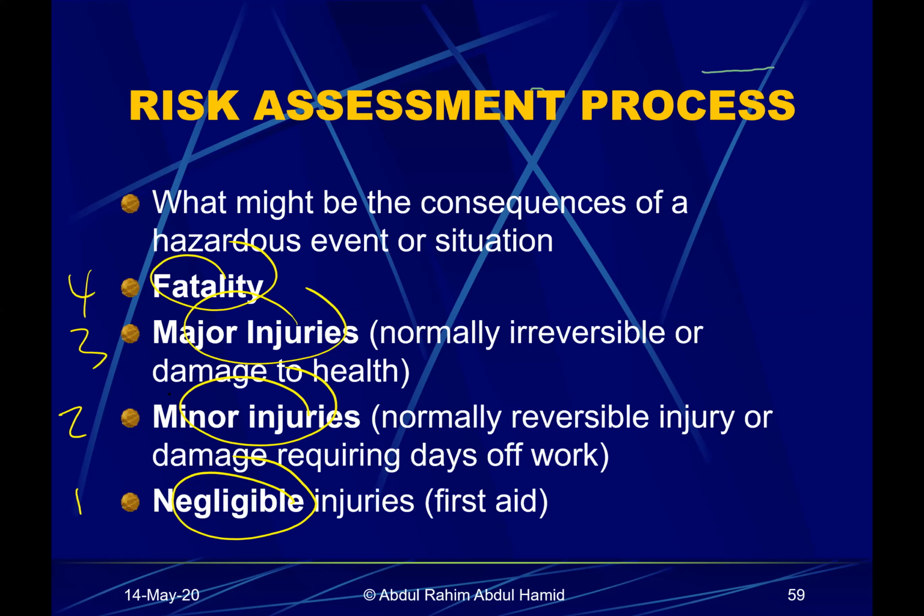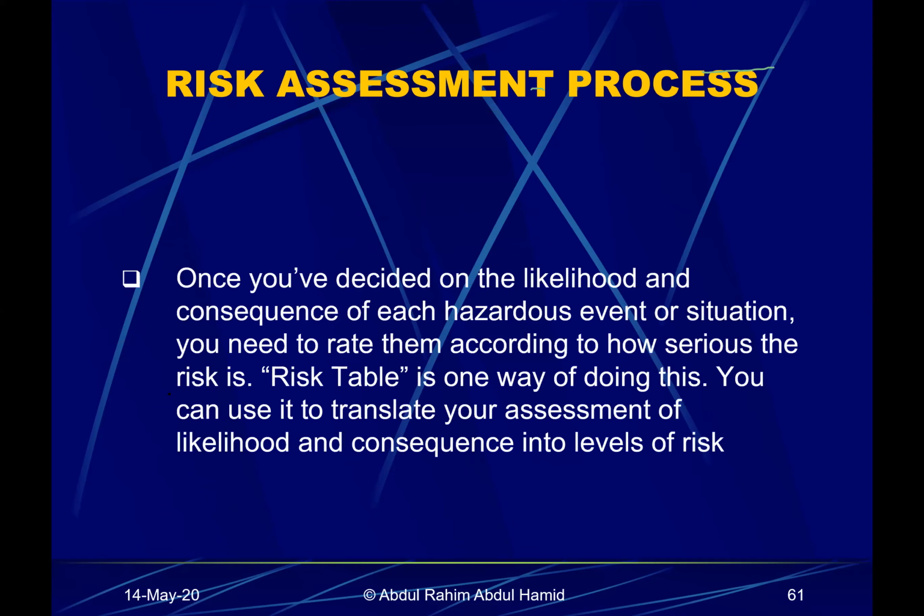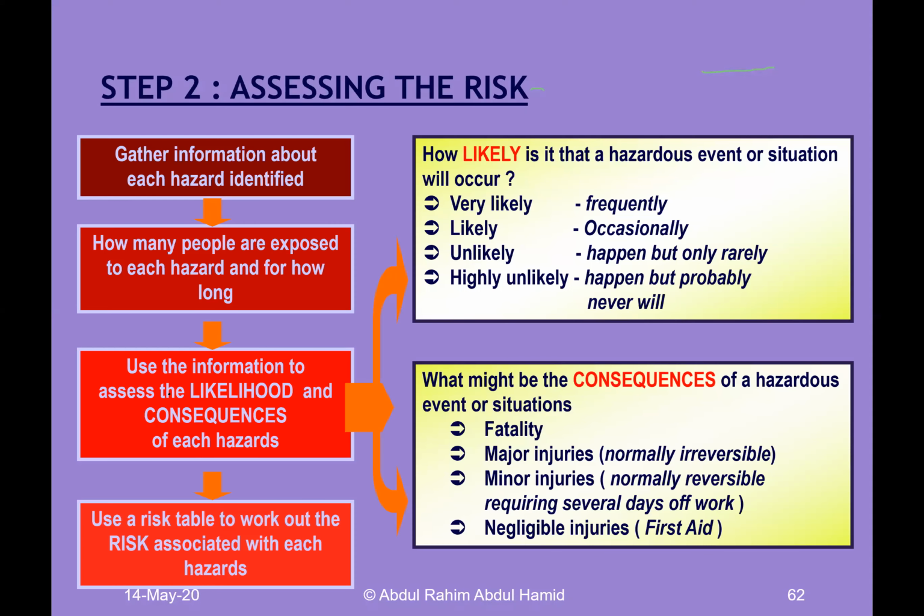But people can use different dimension in order to distinguish between the smallest so-called severity until the most severe. All right. Then, risk assessment. Again, we go back to the list.